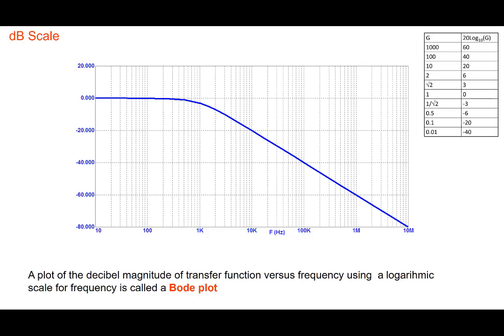Converting the magnitude of the transfer function into decibels and plotting it against frequency on a log scale is a standard plot we use to understand the system. In honor of the person who made a lot of contributions to frequency analysis of circuits, we call it a Bode plot.